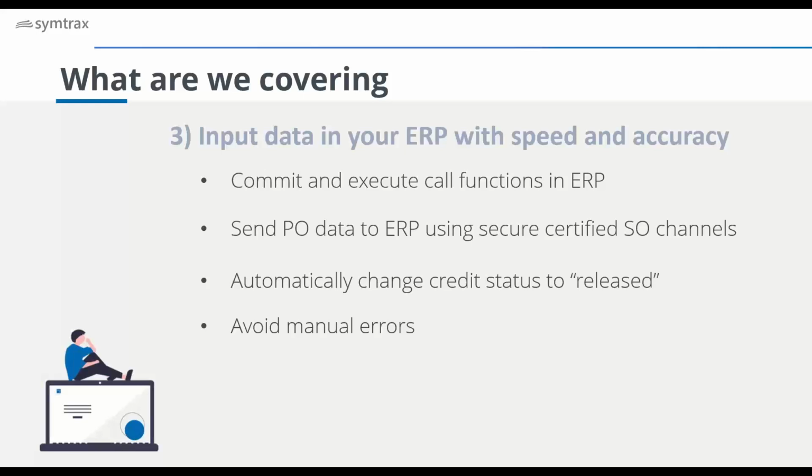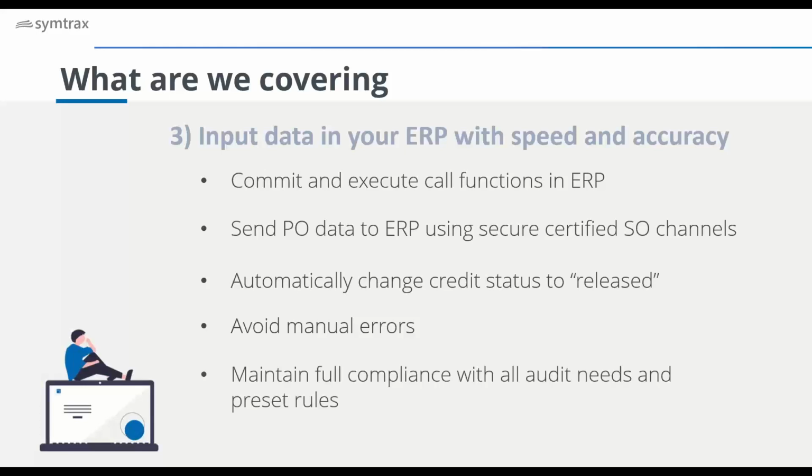And then again, avoiding manual errors. It's not necessarily a case of manually uploading these documents into ERP. This can now be done because of the structured file that gets uploaded. Our technology can essentially push that across into your ERP and automate that whole cycle.